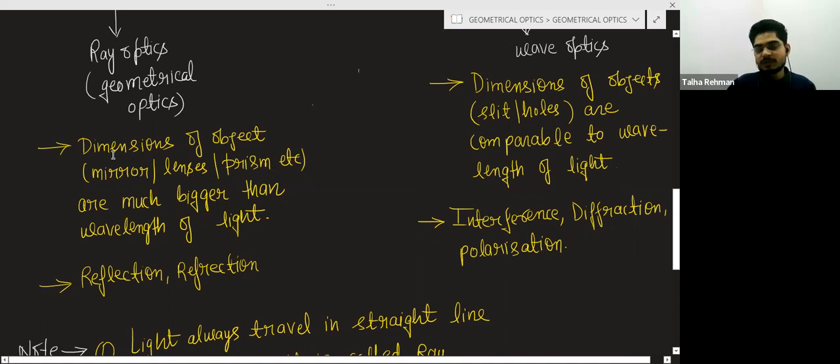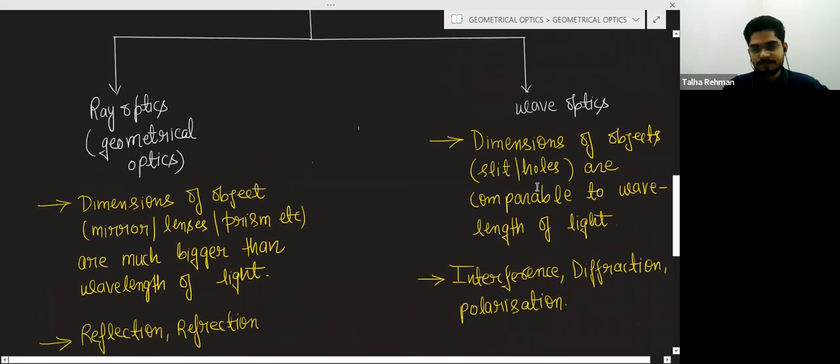In ray optics, the dimensions of the objects, like mirrors, lenses, and prisms, are much bigger than the wavelength of light.